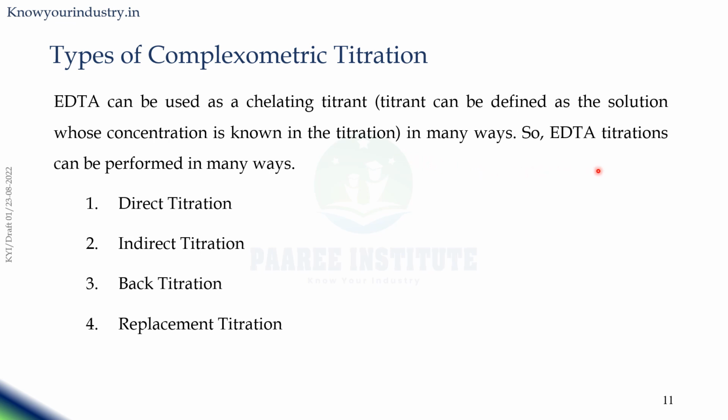EDTA titrations can be performed by the following methods, which are the types of complexometric titrations: direct titration, indirect titration, back titration, and replacement titration. Let us see one by one.